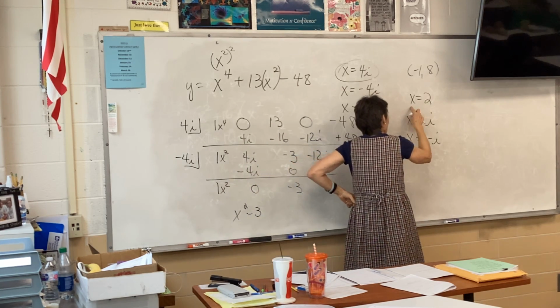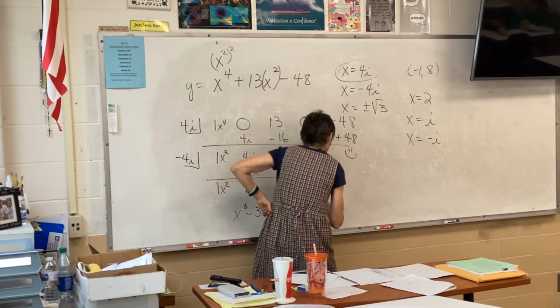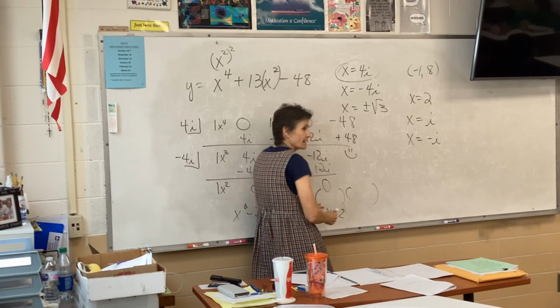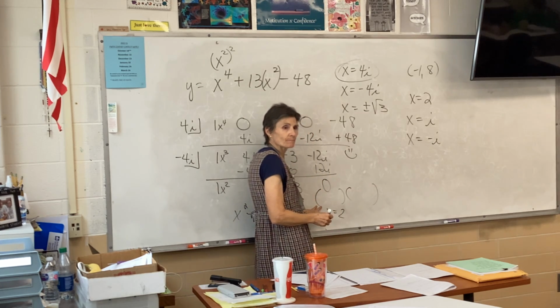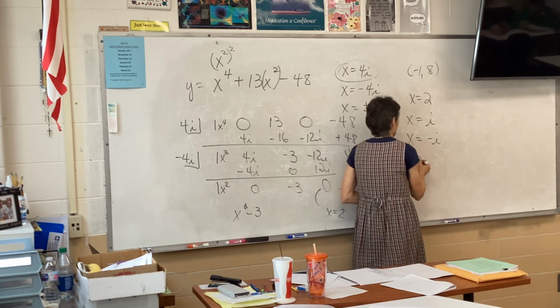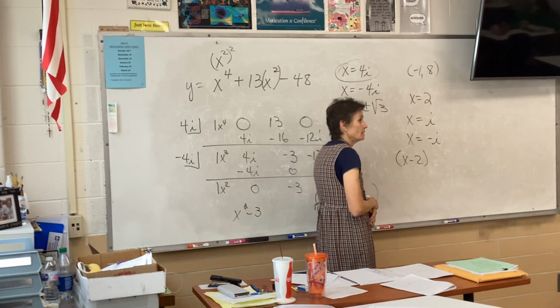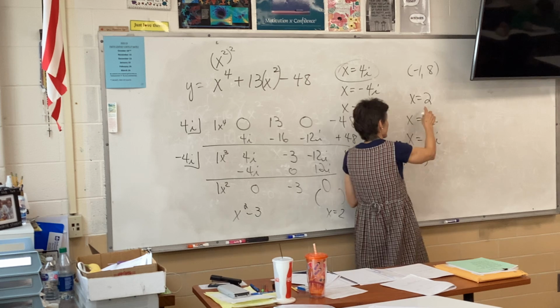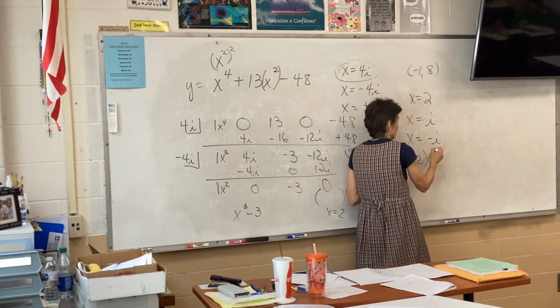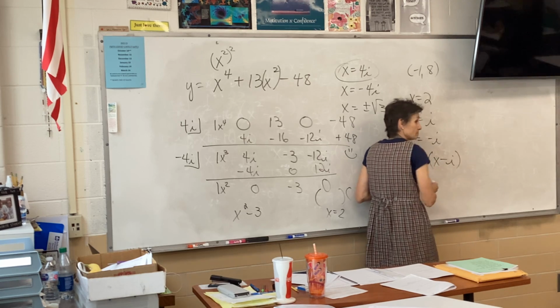What factor would give me an answer of x equals 2? x minus 2. Using that same logic then, what would give me a factor for a 0 of i? x minus i.